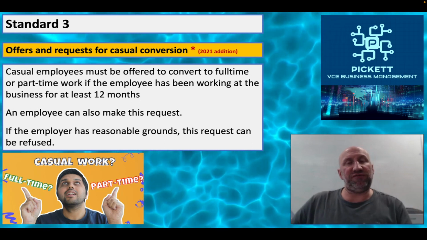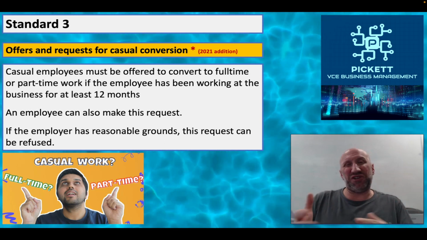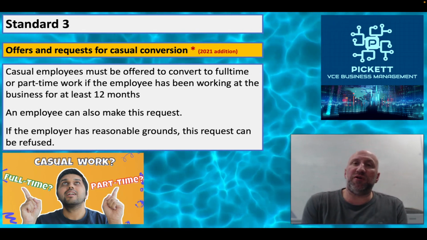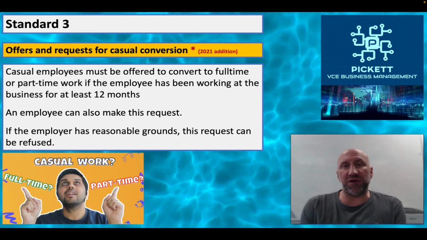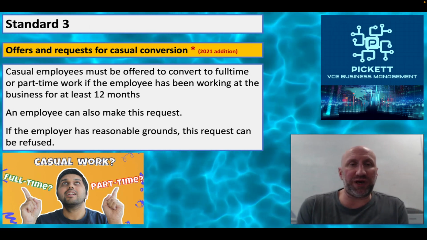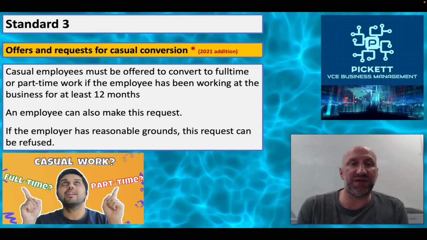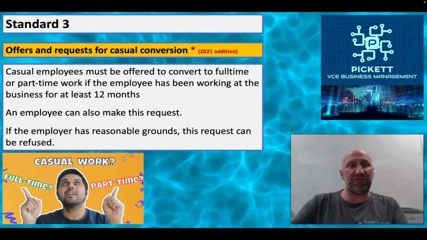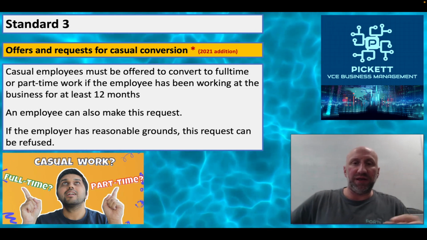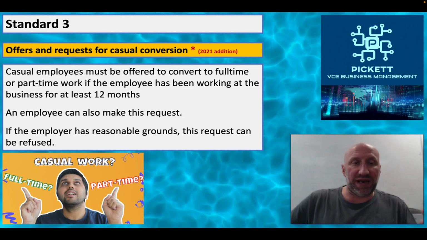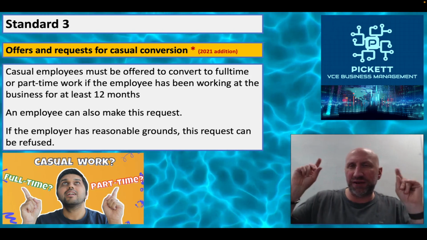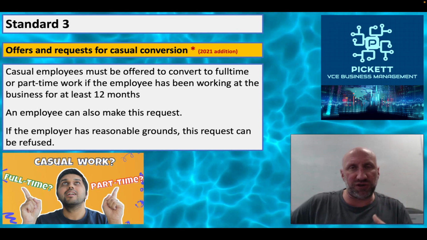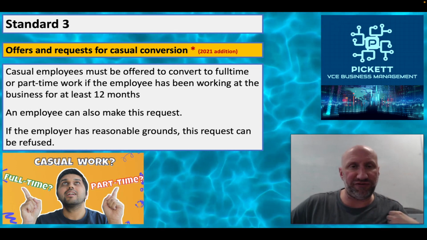So this one was put in there to readdress that balance, if you like. What this one says is that casual employees must be offered to convert to full-time or part-time work if the employee has been working at the business for at least 12 months. And if that's not offered by the business, the employee can actually make that request. The employer can only refuse that request if there are reasonable grounds. And again, what's reasonable is a bit vague. But again, if there was any dispute, you go to the Fair Work Ombudsman and they would resolve it for you.